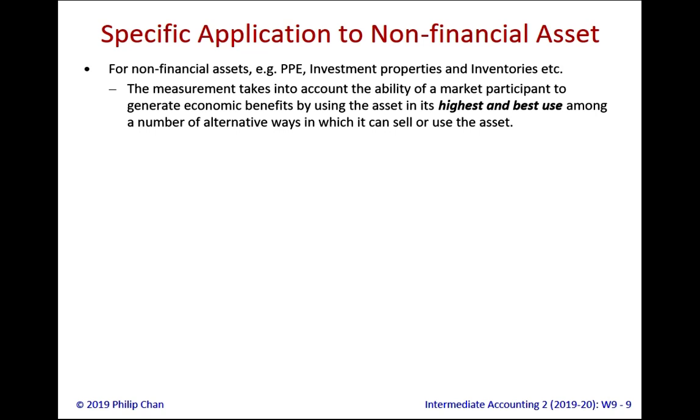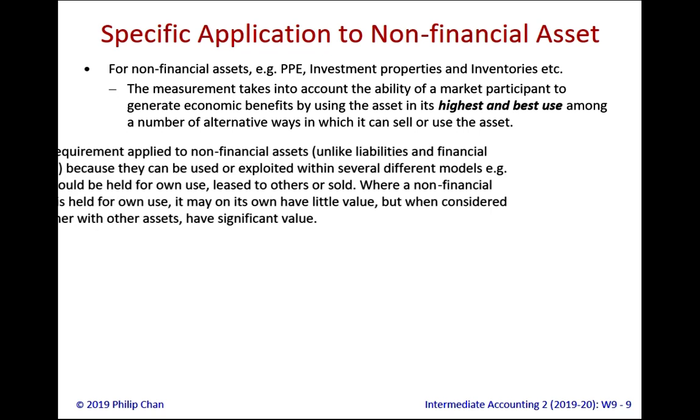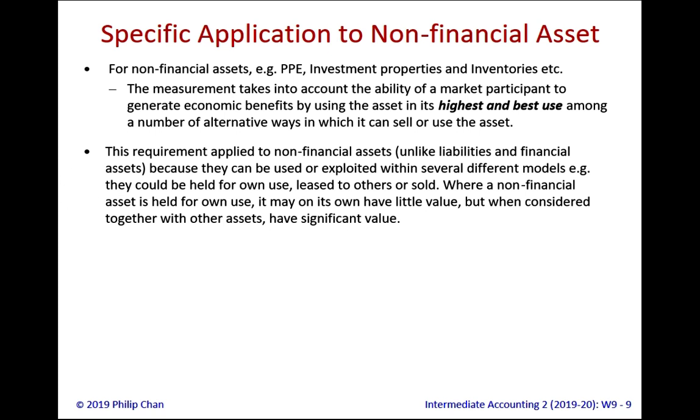This so-called highest and best use is determined from the perspective of the market participants, even if an entity intends a different use. This requirement applies to non-financial assets, unlike liabilities and financial assets, because they can be used within several different models: for own use, leased to others, or sold as well.